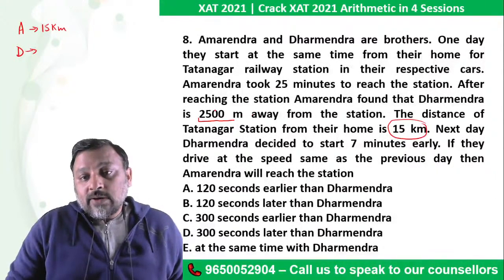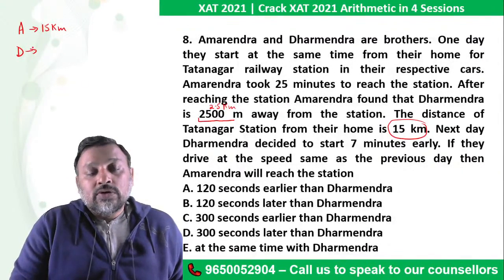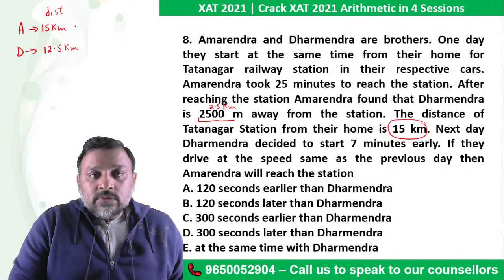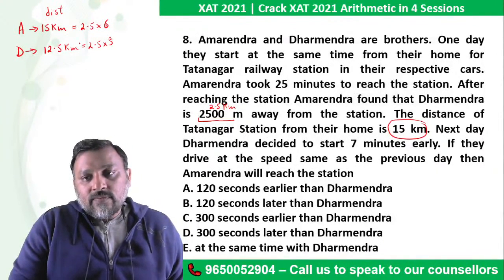Since Dharmendra is still 2.5 kilometers away from the station, the distance covered by Dharmendra is 12.5 only. So this is 2.5 into 6, this is 2.5 into 5. So the ratio of their distances is 6 is to 5.